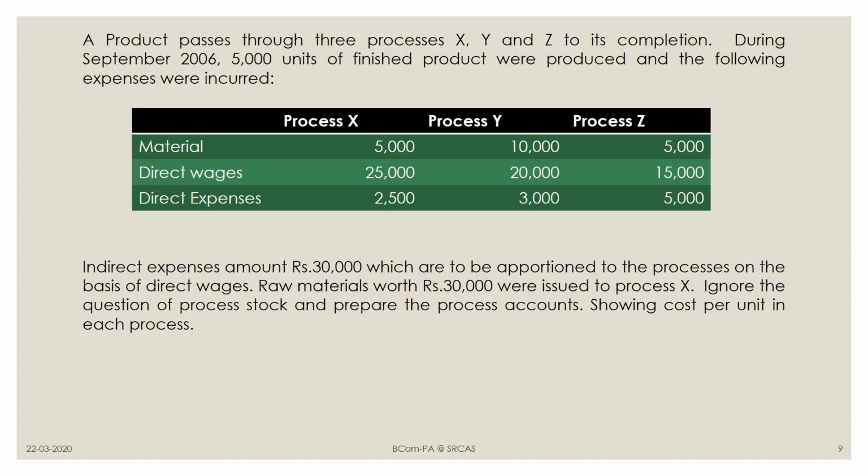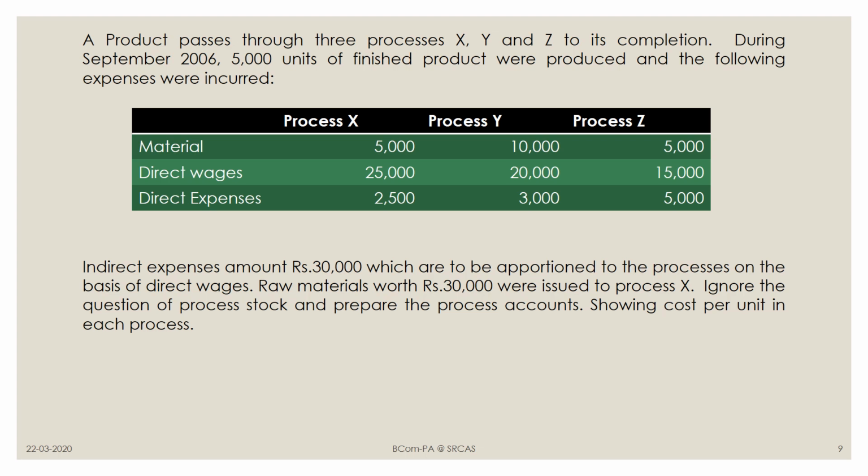Here is another simple process account in which there are no losses. Here we have three processes: process X, process Y, and process Z. The number of units finished is 5,000 units. So we assume that input is also 5,000 units. There is no process loss.